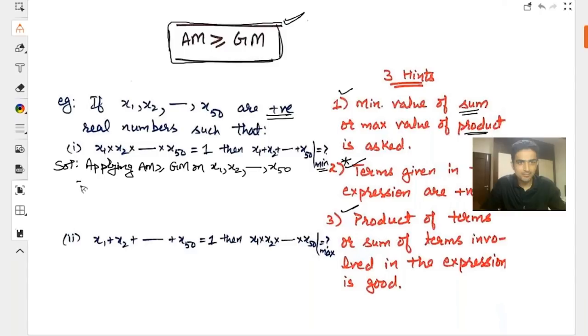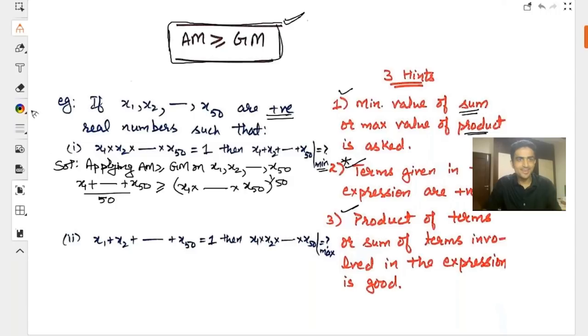So what will be their AM? Their sum divided by 50. This is the AM of these numbers, greater than equal to their product raised to power 1 by 50. That is their GM.